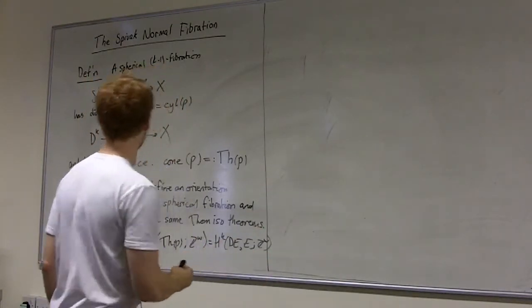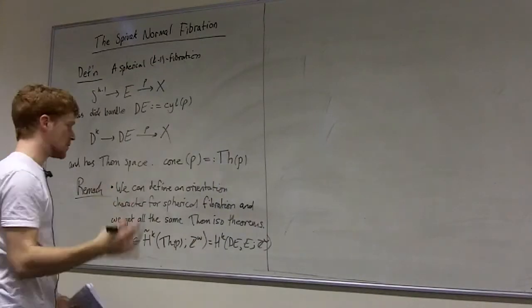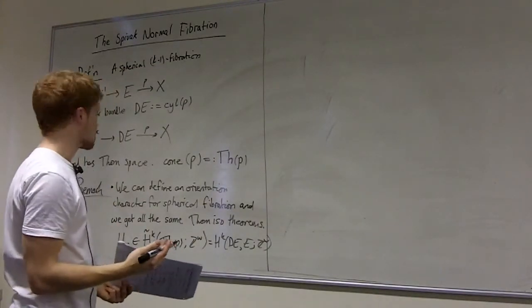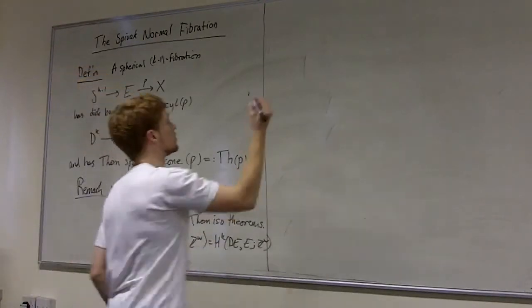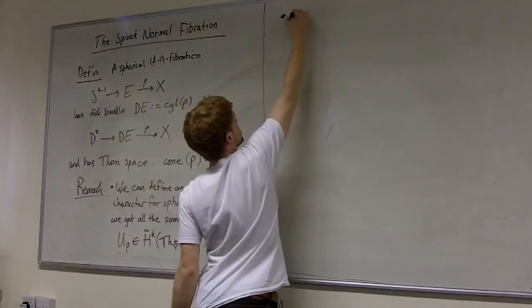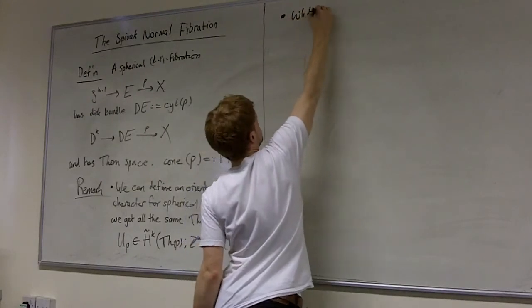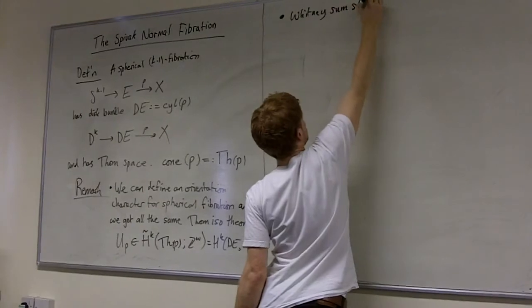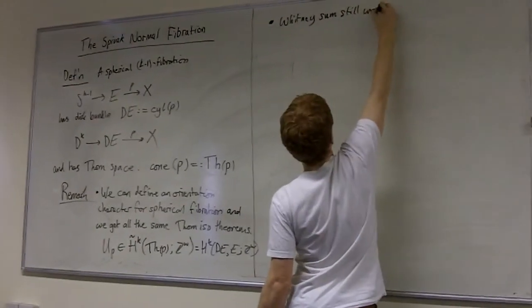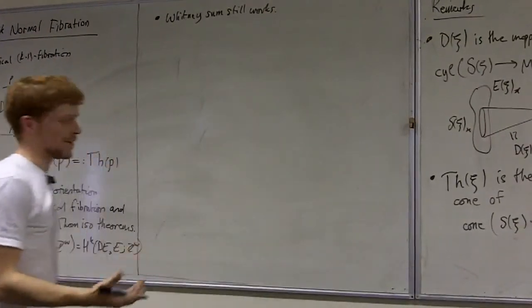Oh, okay, another remark that I want. I want to keep defining all these properties of spherical fibrations that are similar to properties of vector bundles. So another one is Whitney sum. So Whitney sum still works. Obviously we're going to have to change the notion of what a Whitney sum is slightly.